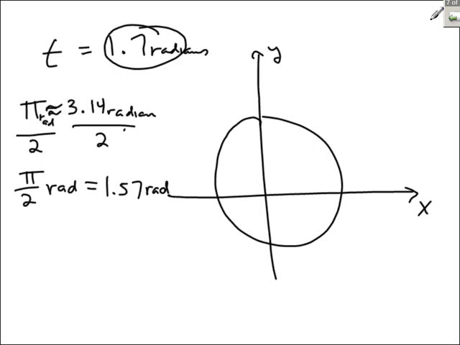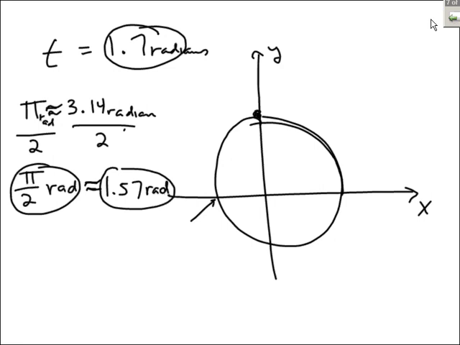It's a little bit more than 1.57 approximately. That is, it's a little bit more than pi over 2. Well, pi over 2 is right here. I know, because if all of this is pi, then if I go halfway, I go pi over 2. I'm going to go a little bit more than halfway.